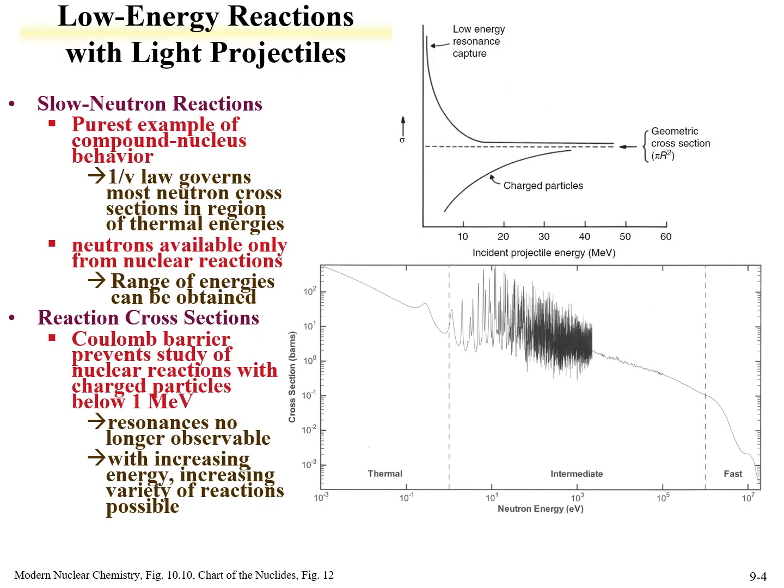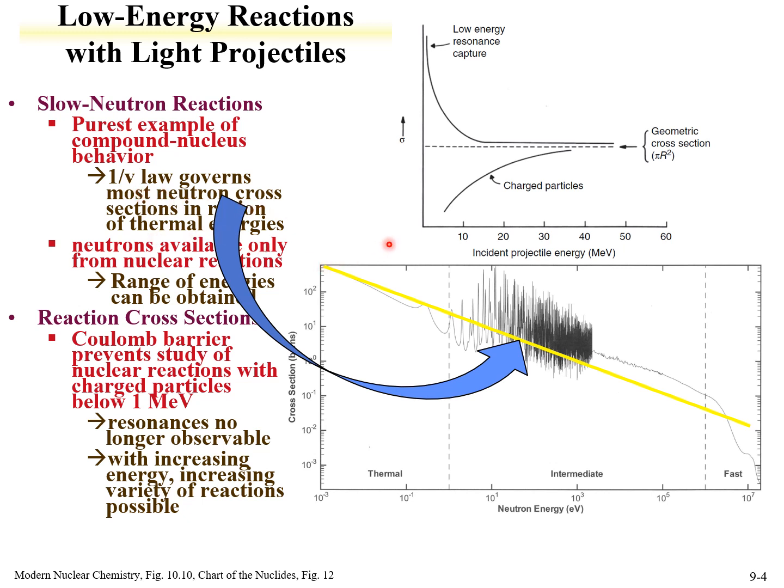An example of some other low energy reactions with light projectiles that we're interested in would be slow neutron reactions, so thermal neutron reactions. This is really the purest example of compound nucleus behavior. There's a rate that governs this, where a 1 over the velocity or the energy law governs most neutron reaction cross-sections.